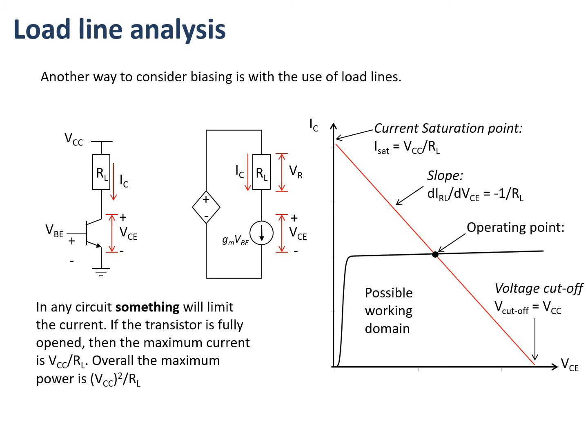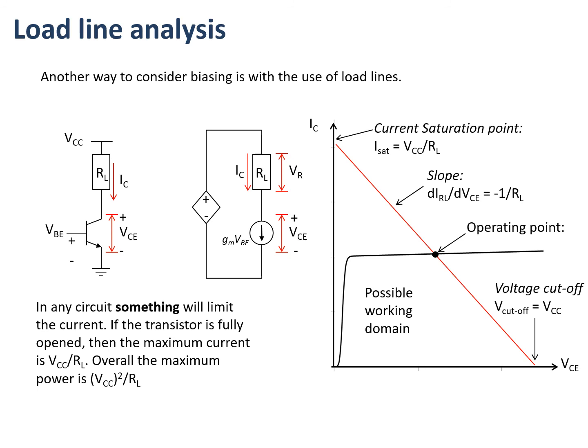The other factor that is going to affect it is the so-called cutoff of the transistor. When is the voltage so small that the transistor is no longer on? That's going to be down there on the bottom of the curve. So I end up with a red line that goes from top left to bottom right, and it intersects the transistor line at that point in the middle of the figure, which we usually call the operating point.